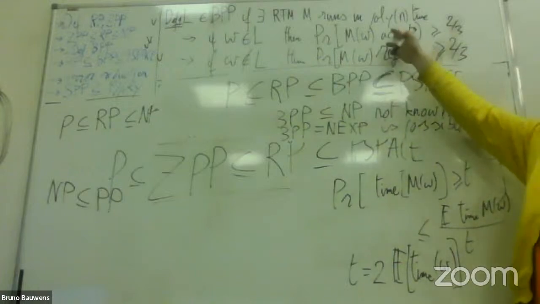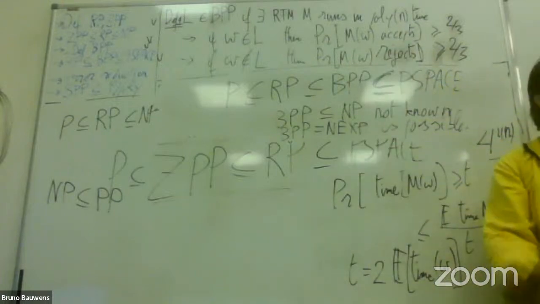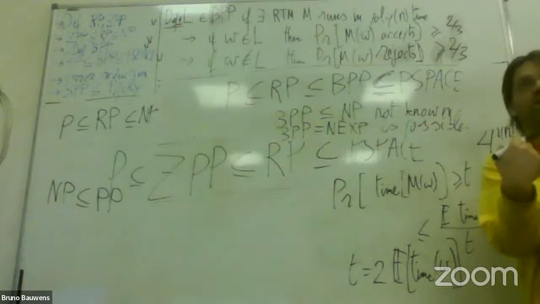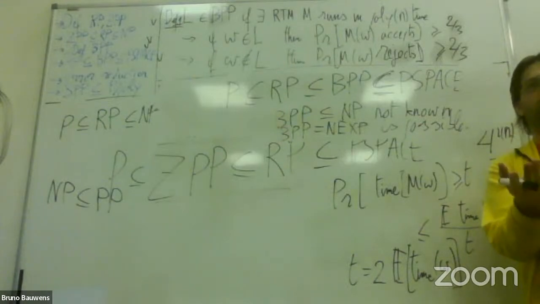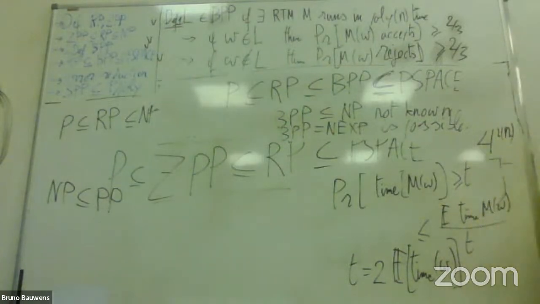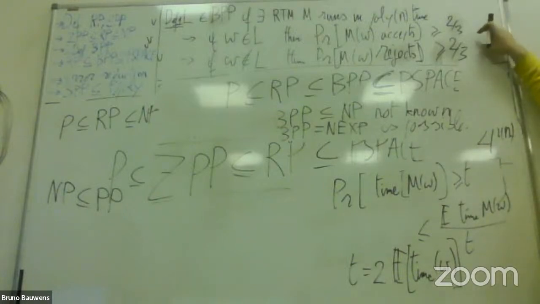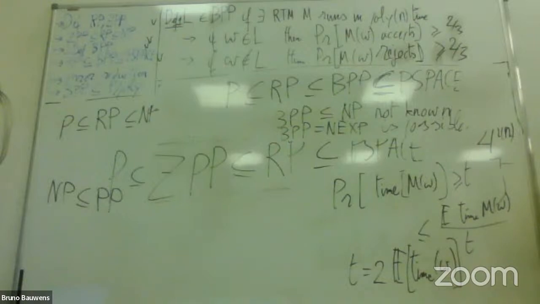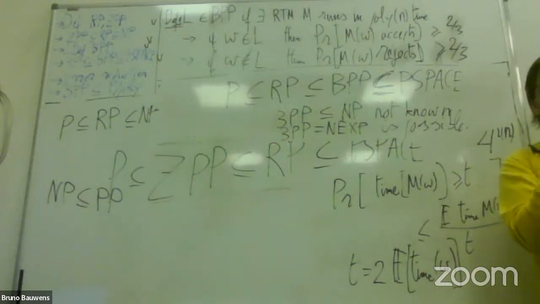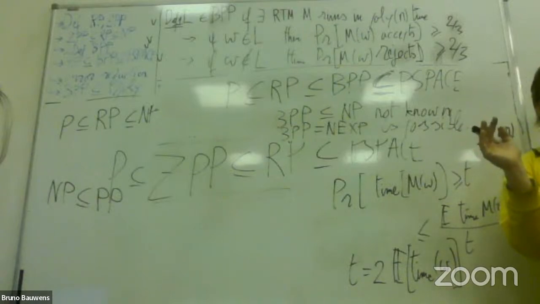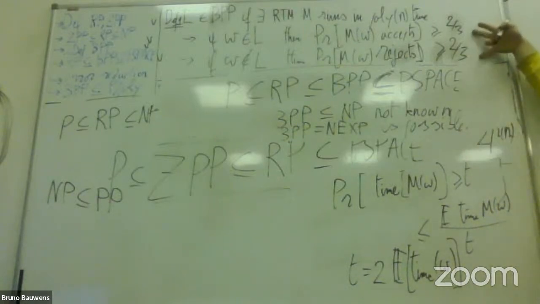So we need different probabilities for acceptance. We cannot include 1/2 in both parts. It turns out that we need to separate the probability of acceptance by a fixed amount. If we allow an exponentially small gap, then we get a too powerful class. So that's why we have to stay away from 1/2 here.